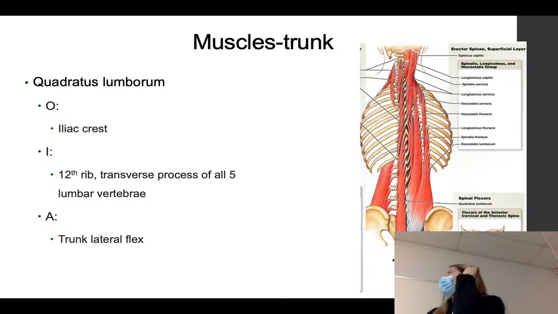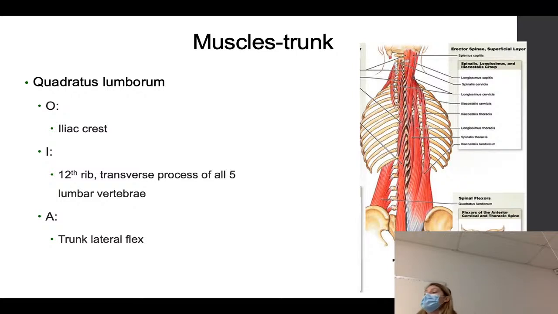Next, another one of my favorite muscles, the quadratus lumborum, which sounds like a spell. It is abbreviated or sometimes called your QL. You've probably heard QL before if you have back problems. Your QL is this muscle right here, sitting deep underneath your erector spinae.